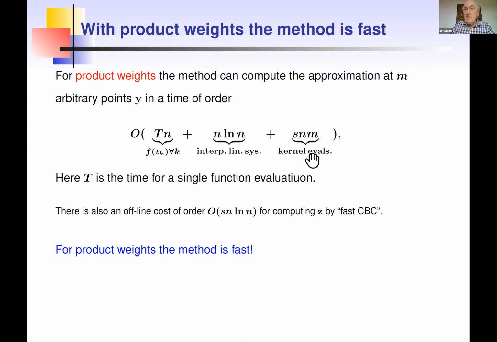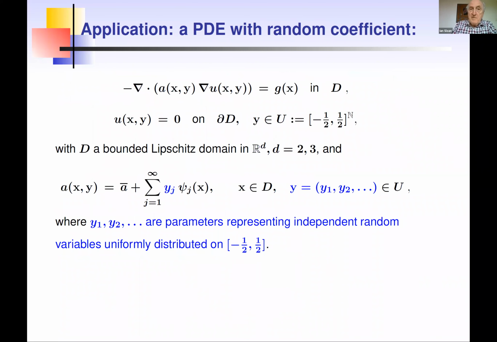Then there are m kernel evaluations, and each kernel evaluation takes a sum over the product. Then there's an offline cost I won't worry about too much, for computing the z's. For product weights, the method is fast, and that is something we are very interested in.